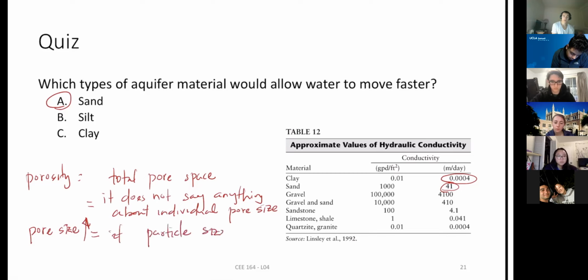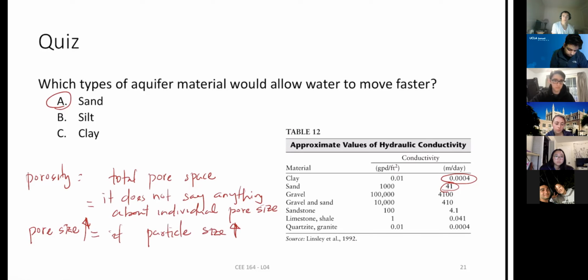Think of it this way: if you put small beads or smaller balls inside a container or a bucket, you'll have a very small amount of pore space, because they'll be packed close together. But if you put bigger balls inside a bucket, you will have a lot more pore space in between the particles.